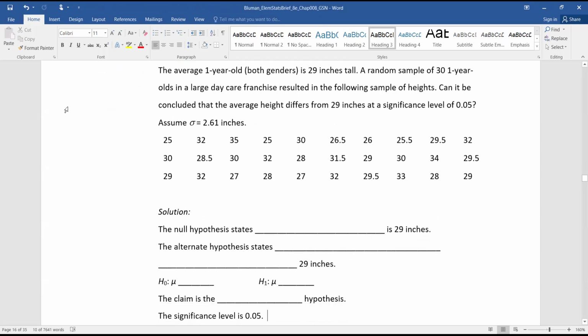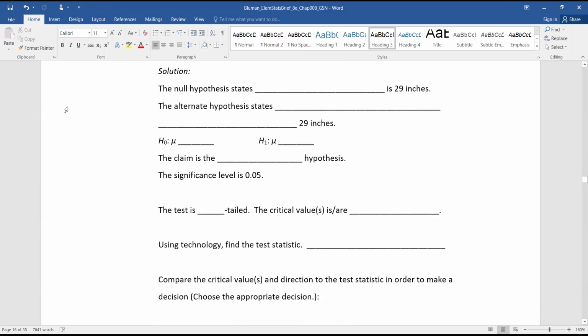Let's get to the solution part so we have plenty of room to write. The null hypothesis is what the mean is equal to. In this case, the null hypothesis states that the average height of 1-year-olds is 29 inches.